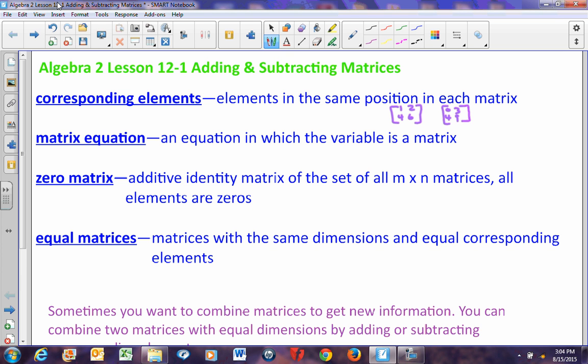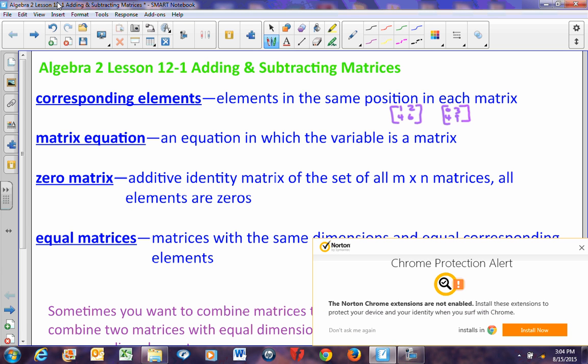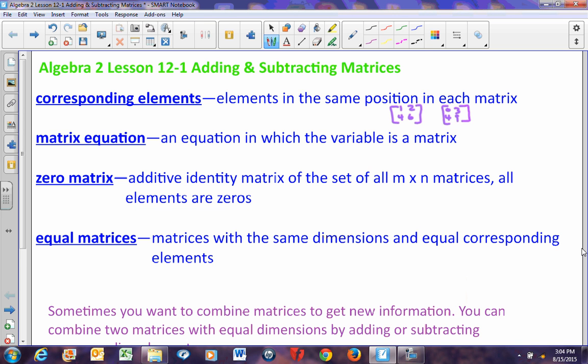A matrix equation is an equation in which the variable is a matrix. A zero matrix is an additive identity matrix of the set of all m times n matrices. All elements are zeros, which means that a zero matrix basically means I have a matrix no matter what size it is, and all the elements are zeros.